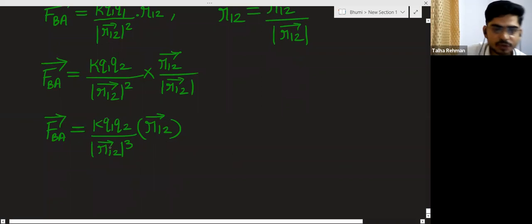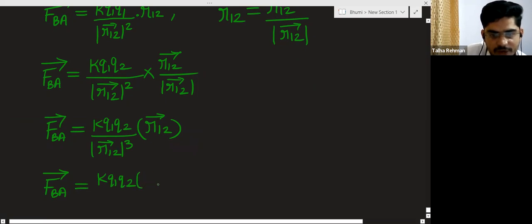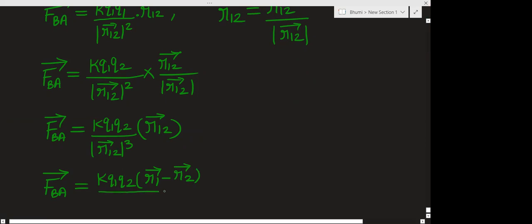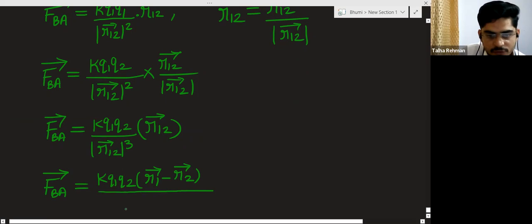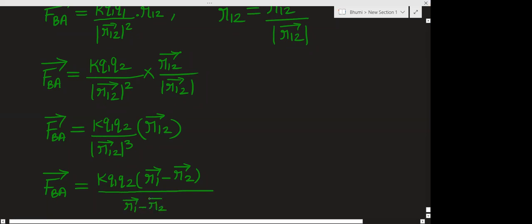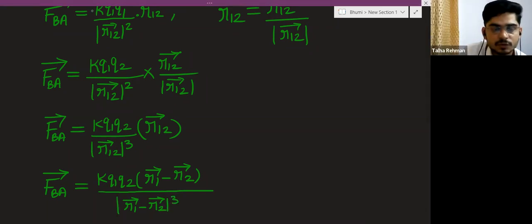And I have already told you that I can write R12. How can I write R12? R1 vector minus R2 vector. And for this vector I can also write R1 vector minus R2 vector, and the cube of this.